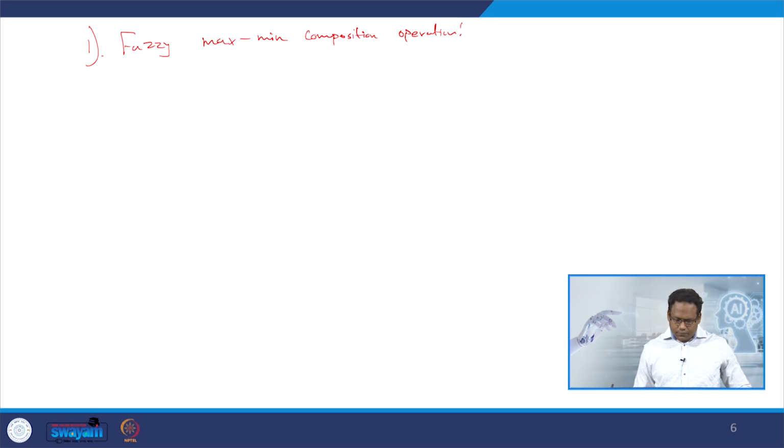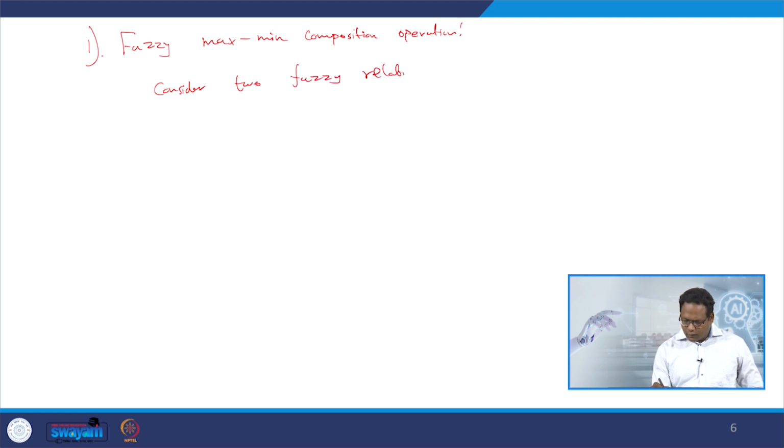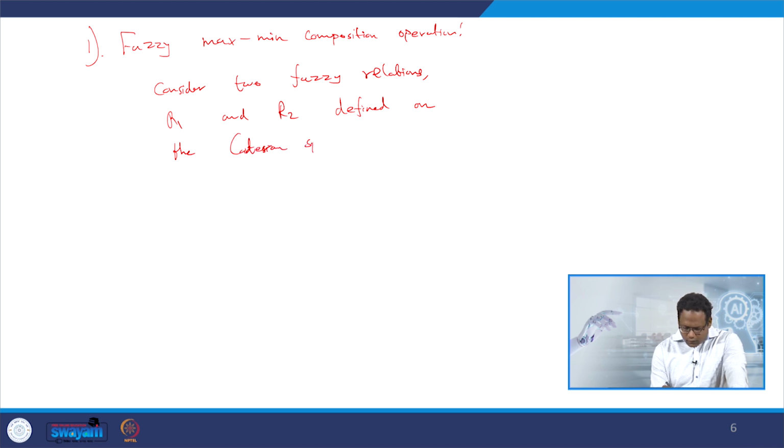Let us consider two fuzzy relations R1 and R2 defined on the Cartesian spaces x cross y and y cross z respectively.